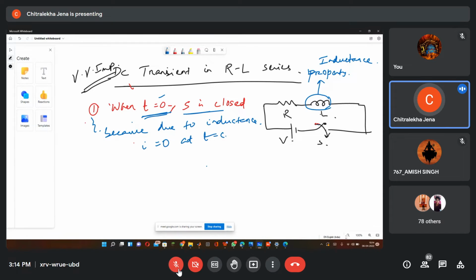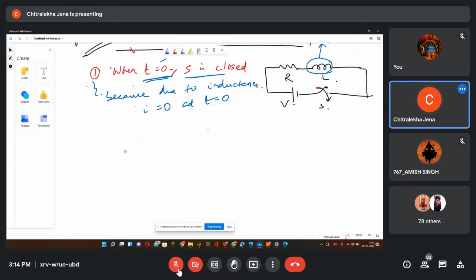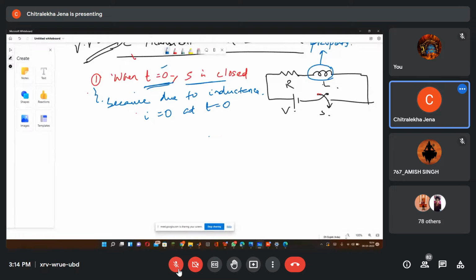If there is any doubt, you can ask a number of times. Just before closing the switch the current was 0, so just after closing the switch the current will be 0.